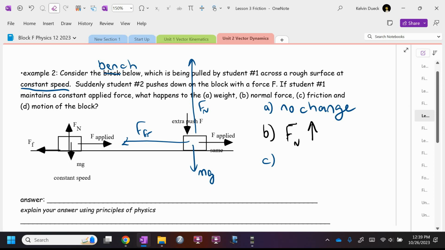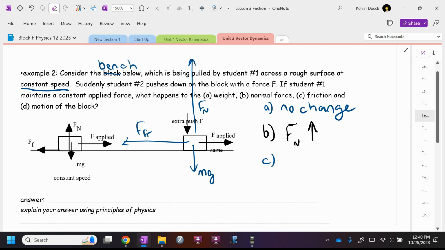Alfie, what happens to friction? Bigger, smaller, or stayed the same as the first free body diagram? Why? I can tell you're thinking it right. We got this. Yes. And why did that get bigger? Are we sinking into the ground like quicksand?